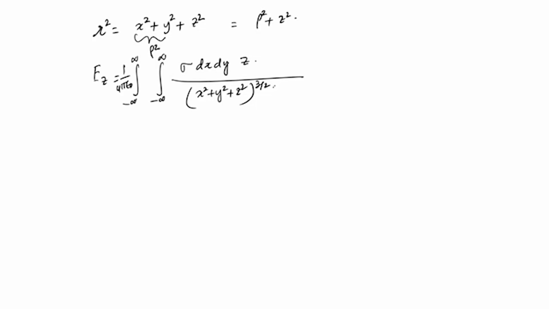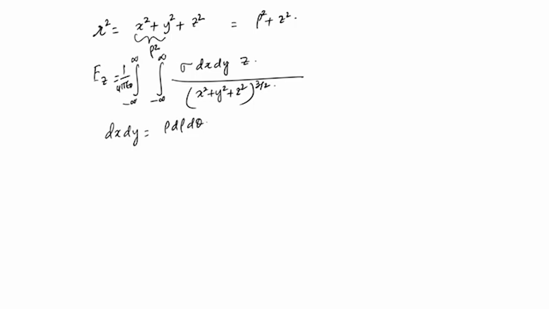There is a bit of a problem in doing this integral, because it does not look like a very convenient integral to do: the limits are minus infinity to plus infinity, and you have a dx dy in the numerator with x square, y square and z square. But if you transform it into the polar coordinate system, it becomes easy, because dx dy becomes rho d rho d theta. If you do this integral, it will give you pi r square, since rho d rho gives rho square by 2.